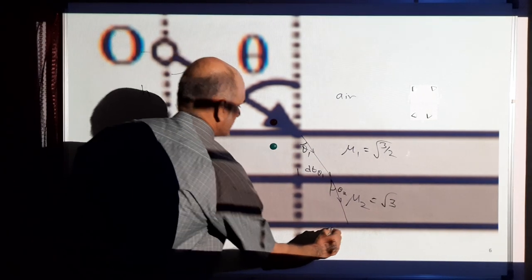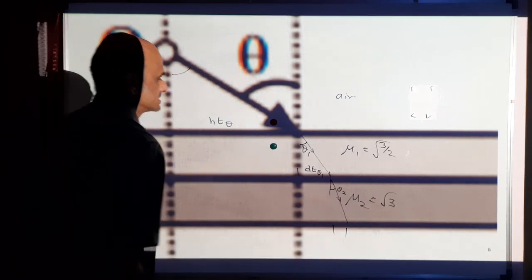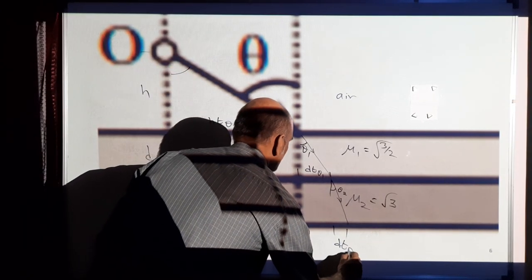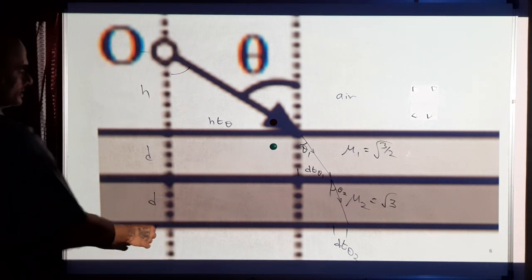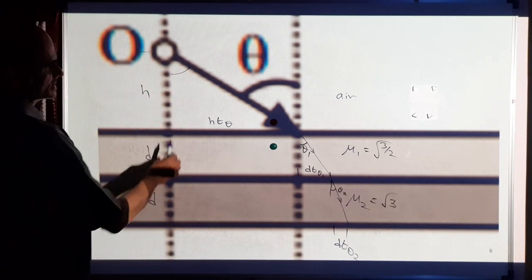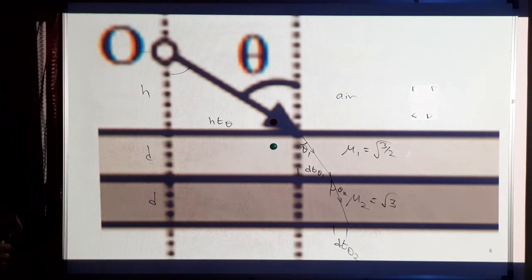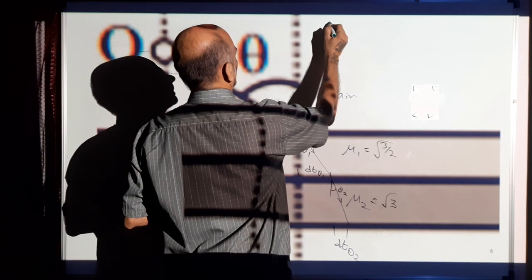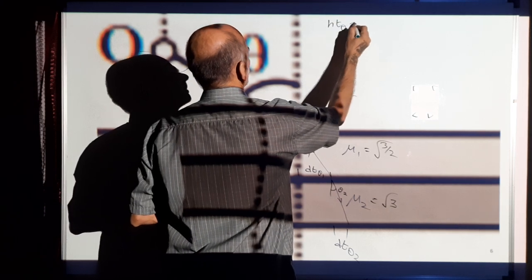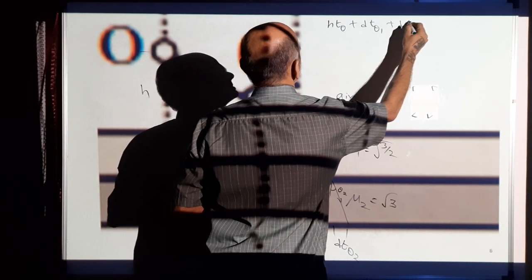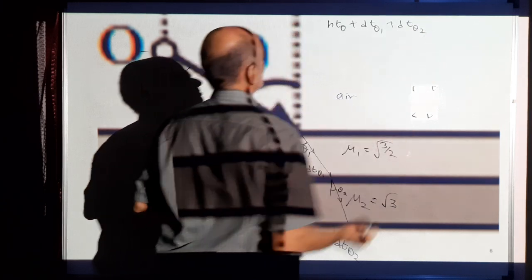And similarly from here to here, it's d tan theta 2. So the total shift from here to here is h tan theta plus d tan theta 1 plus d tan theta 2. This is through 1 unit.